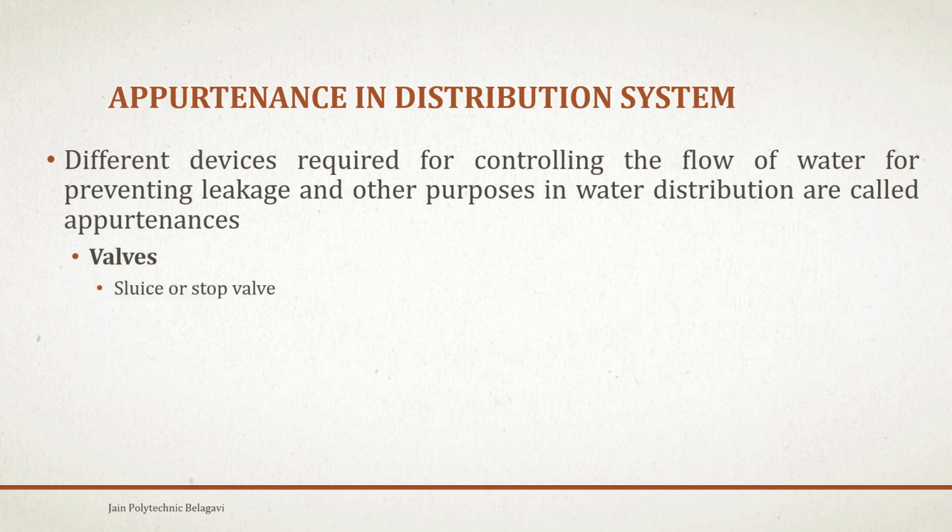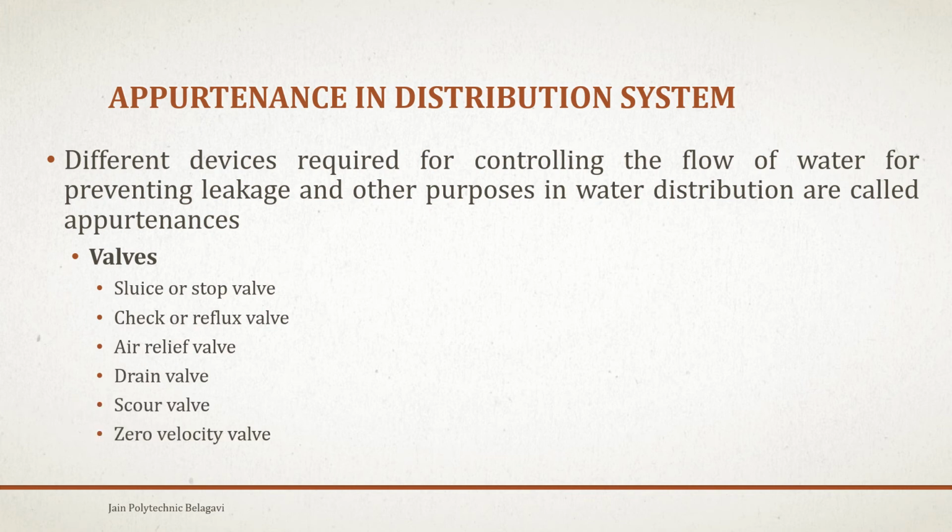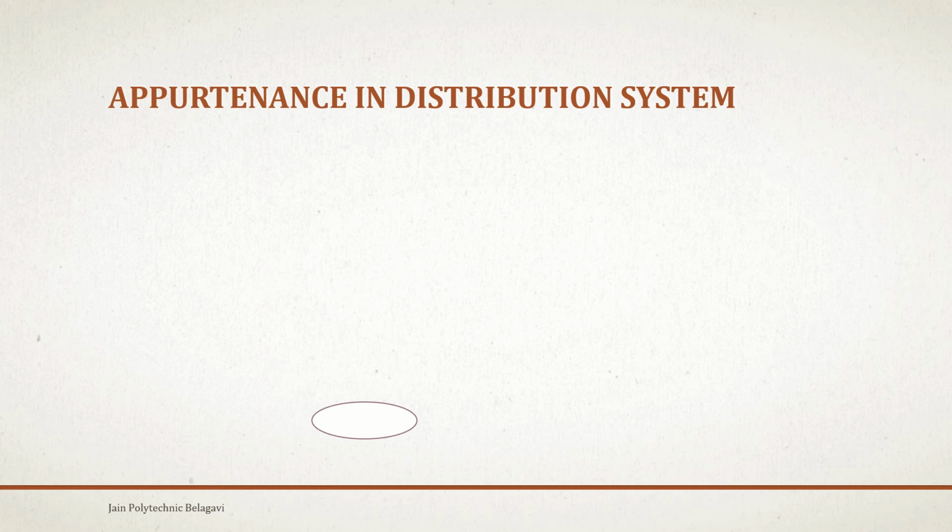In those valves we have sluice or stop valve, check or reflex valve, air relief valve, drain valve, scour valve, and zero velocity valve. And there is one more we are going to discuss, the fire hydrant. Now we'll study in detail one by one. We'll start with the sluice or stop valve.